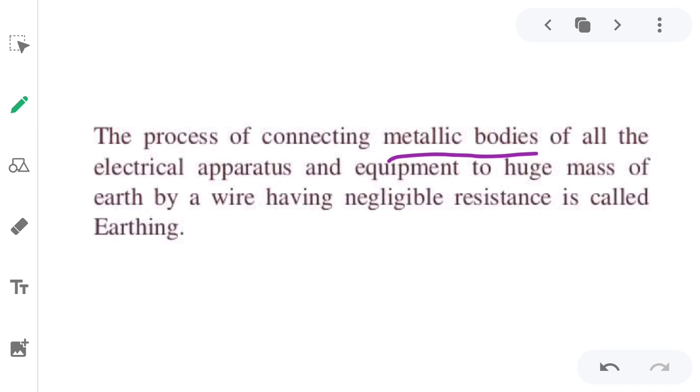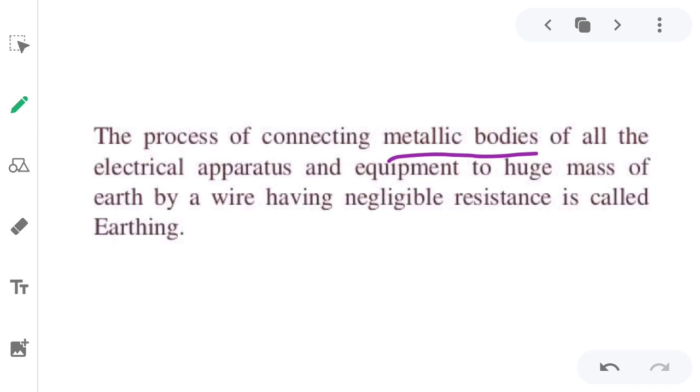But for the metallic bodies it is highly required, because it is possible that the live wire may come in contact with the metallic body, and in that case if you touch that apparatus or equipment or appliance, then we can get a shock, an electrical shock.